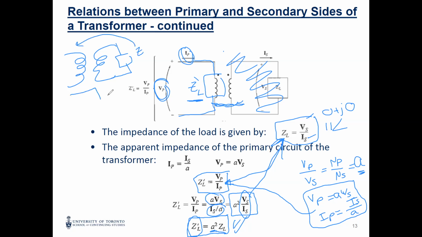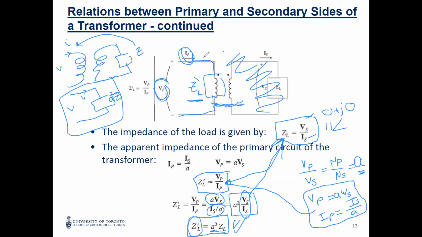So at the end, it will be something like this, A squared Z. Let's say here you have V and I. You will have the same V and I. It will be a simple circuit now. But the change is in the value of the impedance itself.